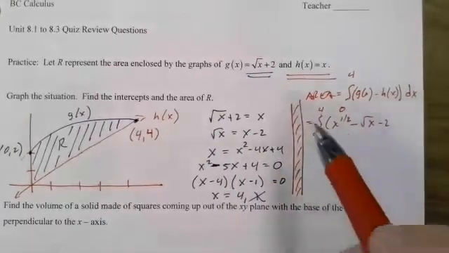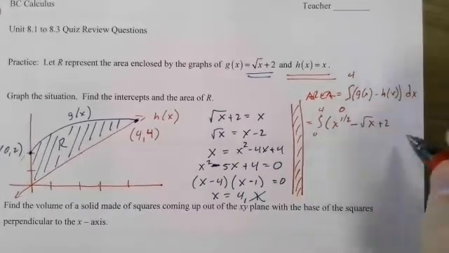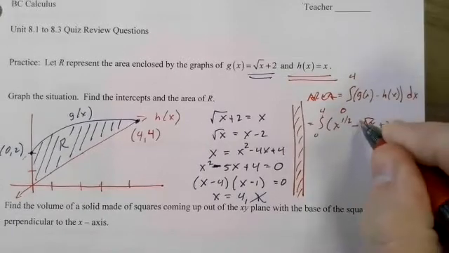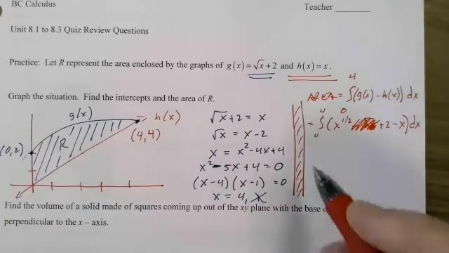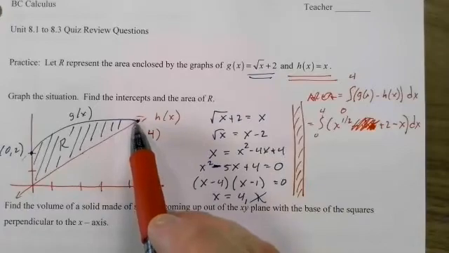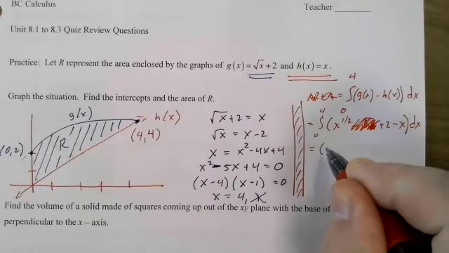Okay, it's root x plus 2 minus x. Very weird. Let's go with this: root x plus 2 minus x dx from 0 to 4. Don't know why I had to make that so difficult.